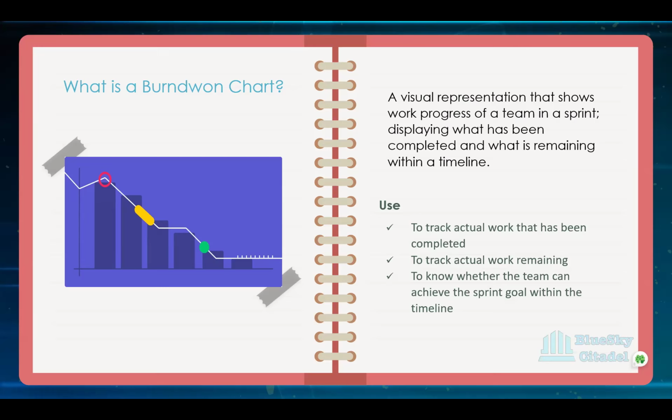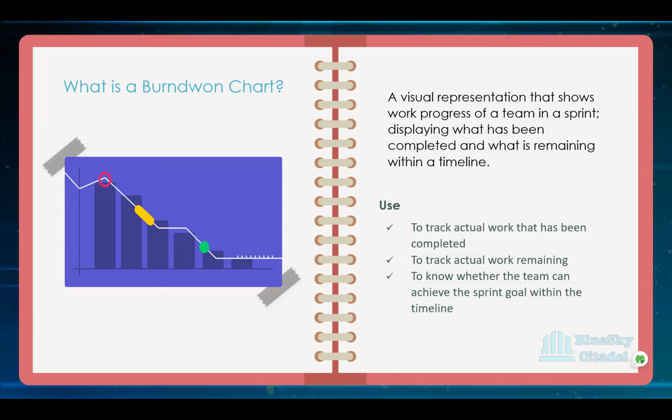You're able to see the actual work remaining, or what has been completed and what is remaining. And then it helps the team also to know whether they can achieve the sprint goal within the timeline that is remaining. Depending on the number of work items that are remaining and depending on the exact time where the team is, they are able to determine, oh, are we able to complete the sprint, achieve the sprint goal, or are we not able to?